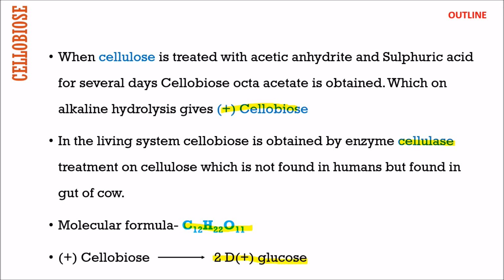So cellobiose is made up of 2 moles of D-glucose. Thus cellobiose has a beta glucoside linkage, as maltose also has glucose plus glucose, but it has alpha glucoside linkages, while cellobiose has beta glucoside linkages.